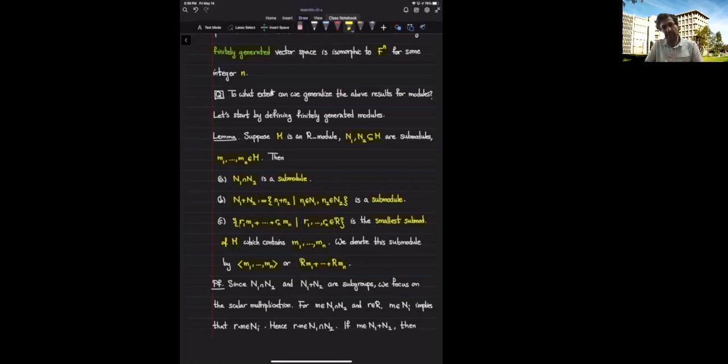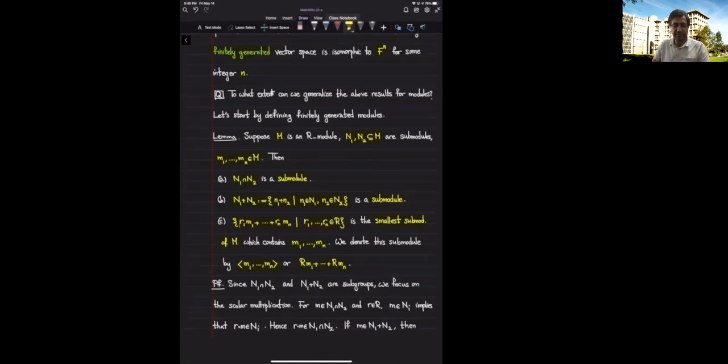So in this lemma, we are discussing the intersection of submodules being a submodule, the summation of two submodules being a submodule, and what elements of the module generated by finitely many elements look like. Okay, let's start with part A and part B at the same time.